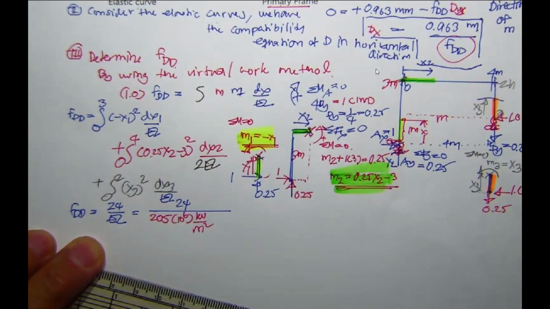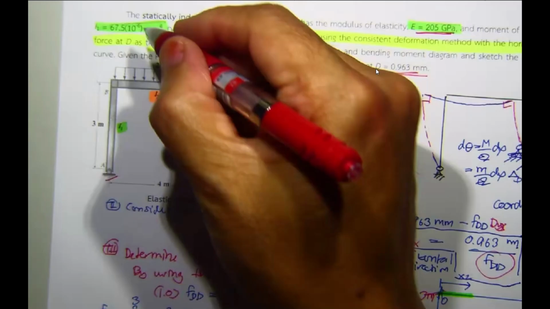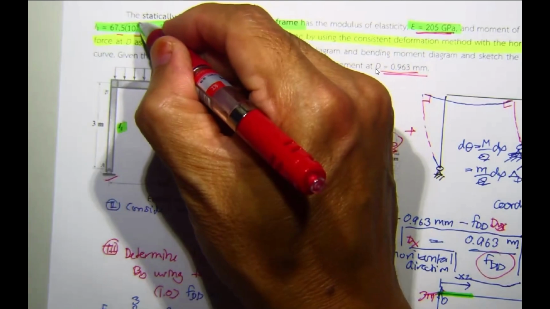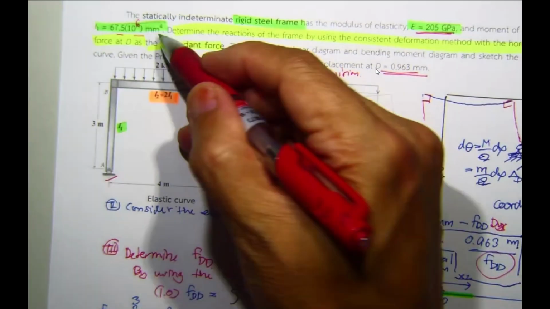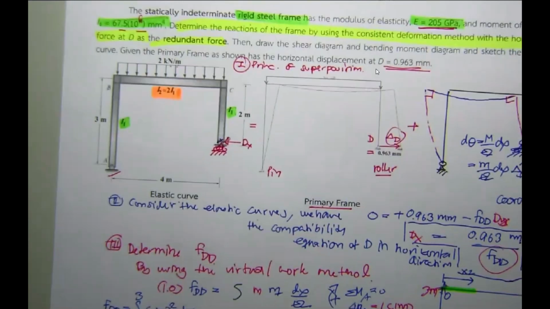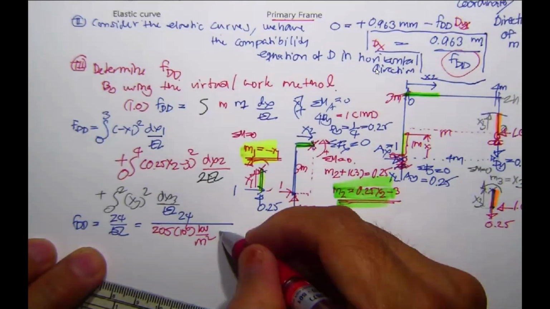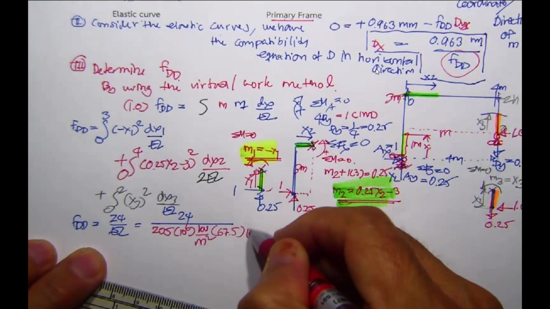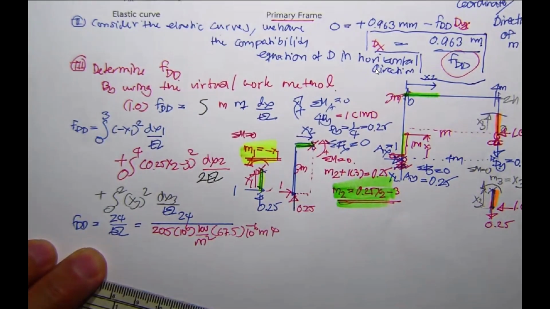And then this one must change from power 6, you have 67.5, and then minus 6 meter to the power 4.